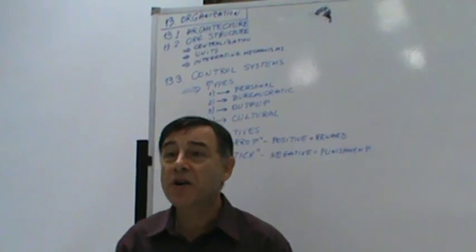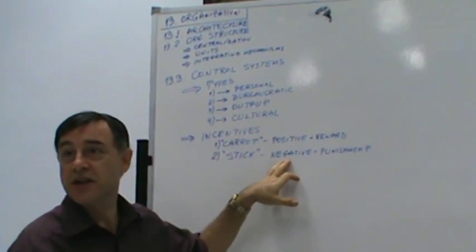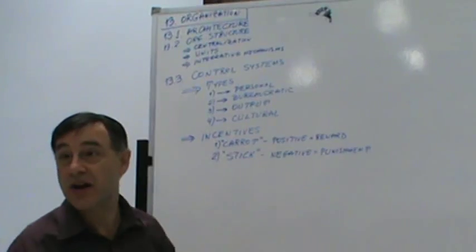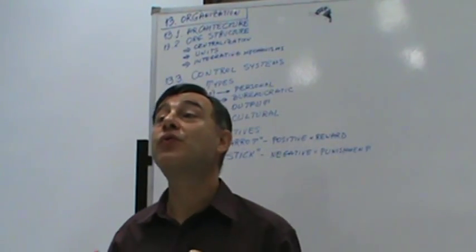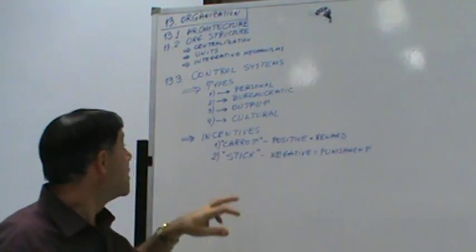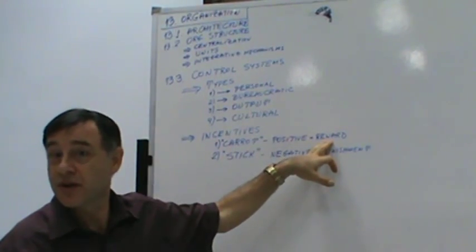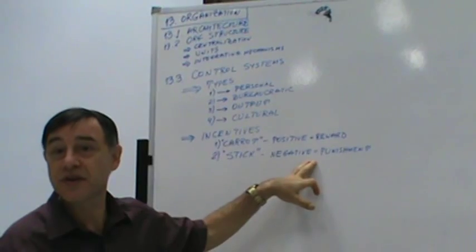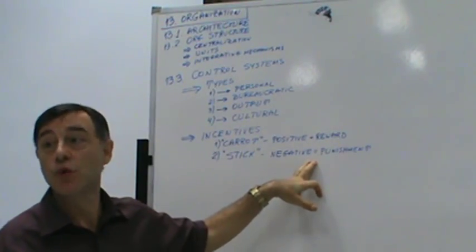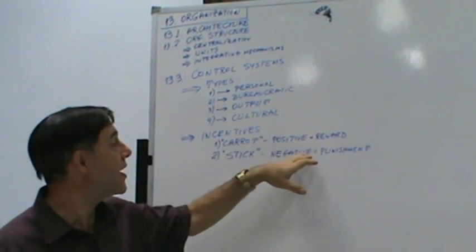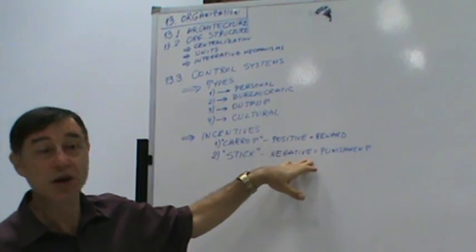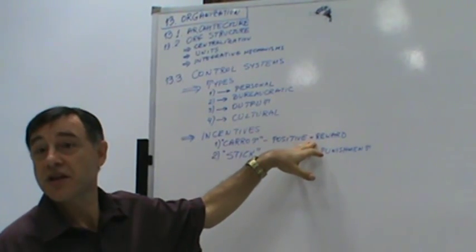As hard as different incentive systems are designed, one thing we know for sure: you can't just work with positive rewards. Without punishment, systems don't work. By the same token, you can't work with punishment only. You need the reward.